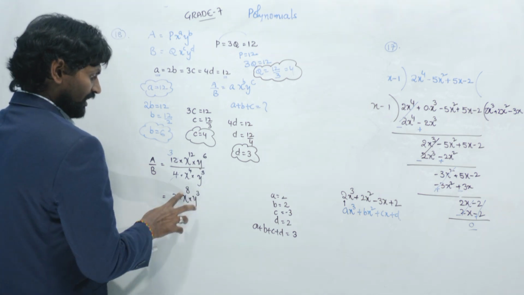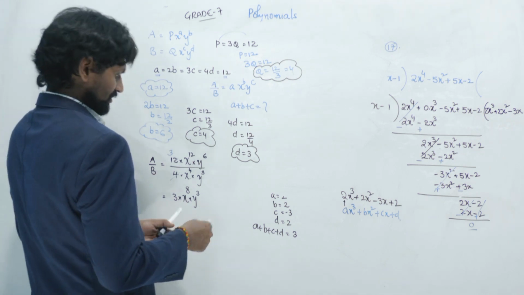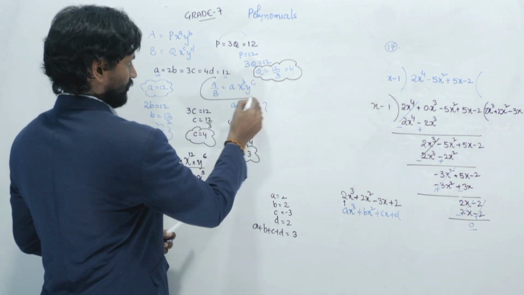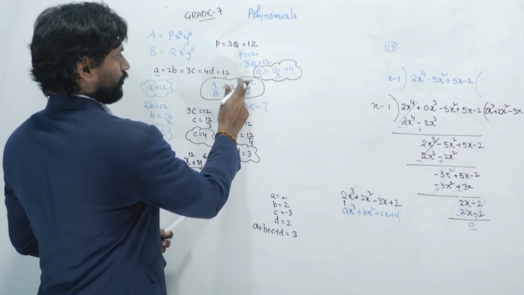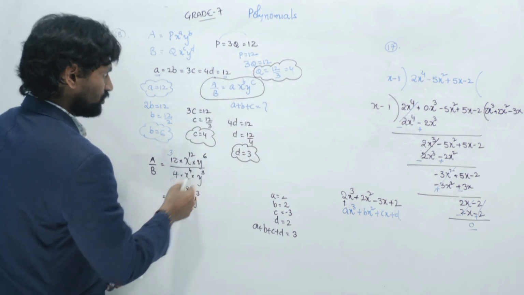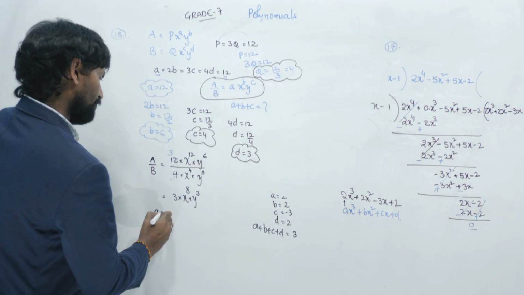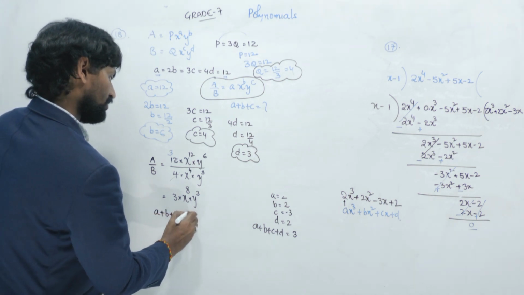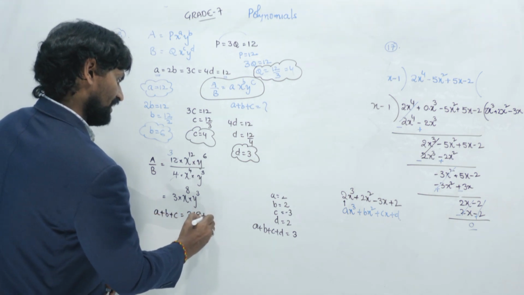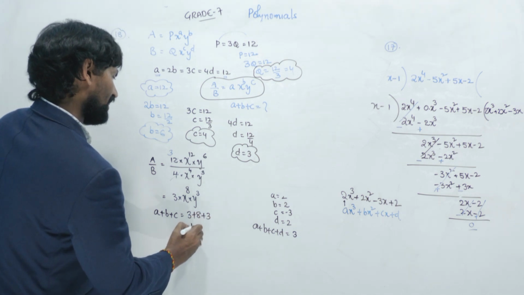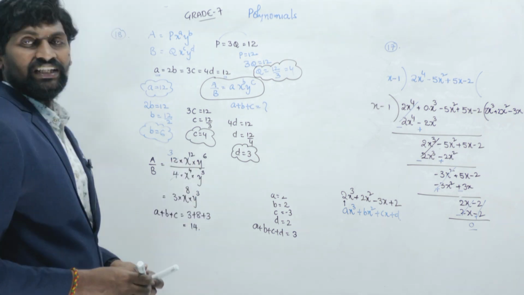Now compare here: a x power b y power c, so a value 3, b value 8, c value 3. So a plus b plus c is equal to 3 plus 8 plus 3, so 6 plus 8, 14. We are getting the answer is 14.